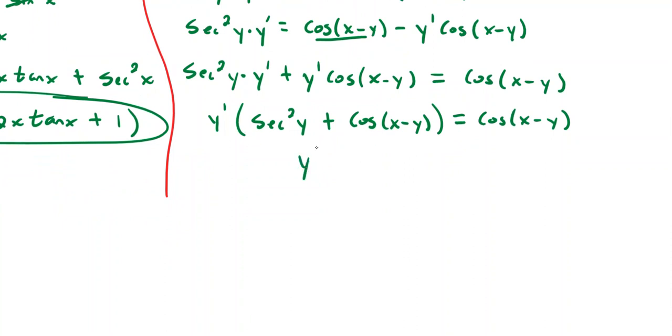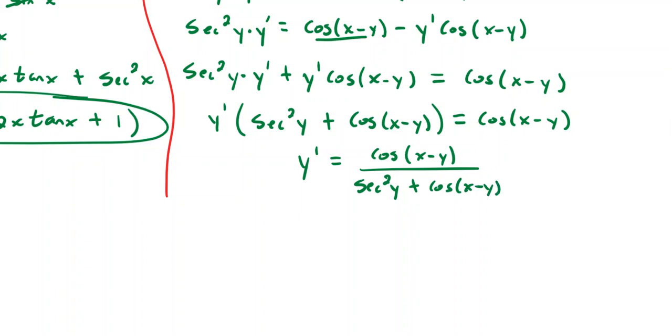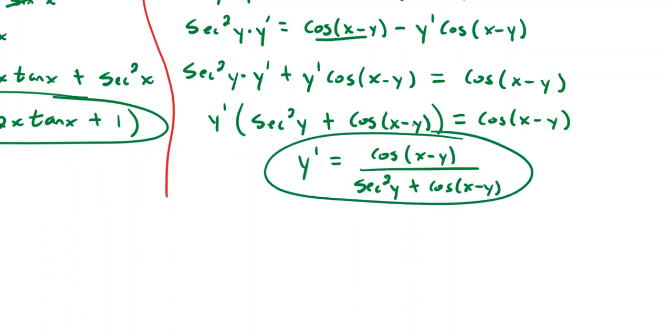So we'd have y prime is equal to cos of x minus y all over secant squared y plus cos of x minus y. And that's it. I think that's the fastest lesson we've had in 31.